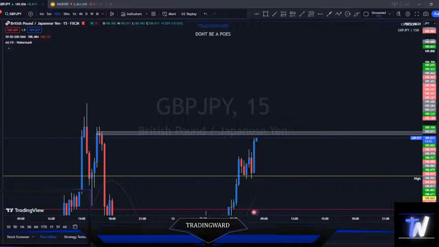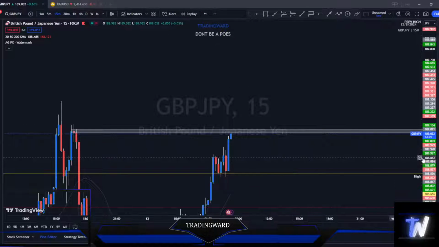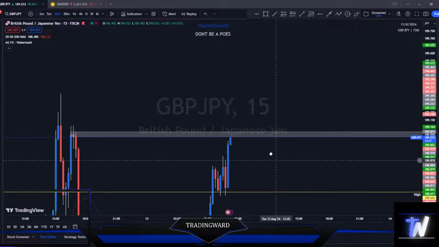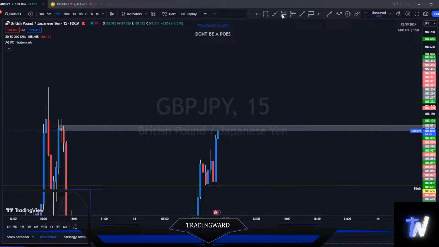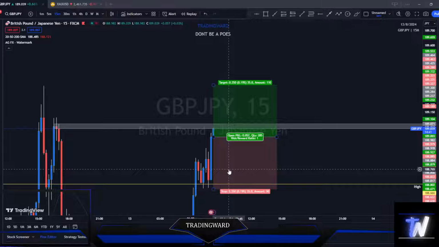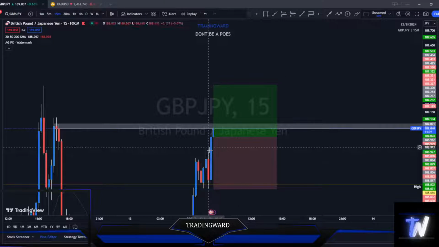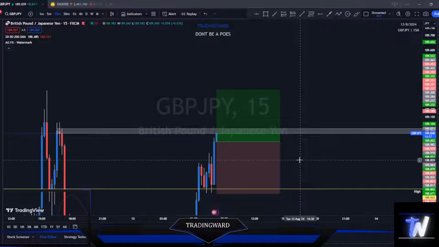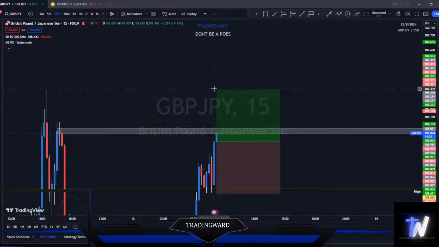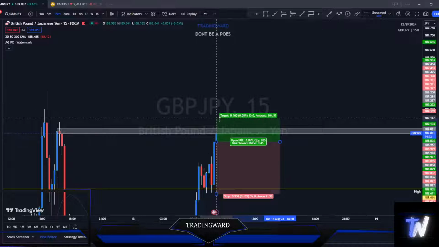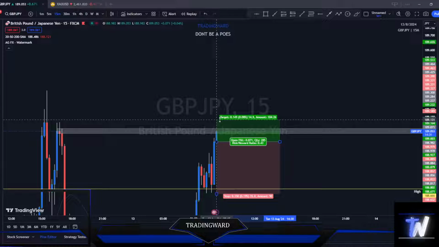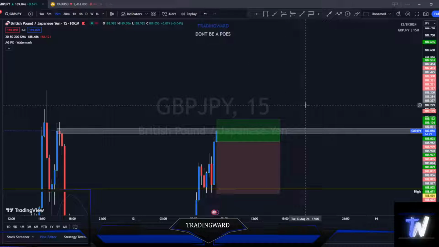No low wick. No low wick. What I don't want to get is this movement to the upside. It's going to be difficult to just manage in here.